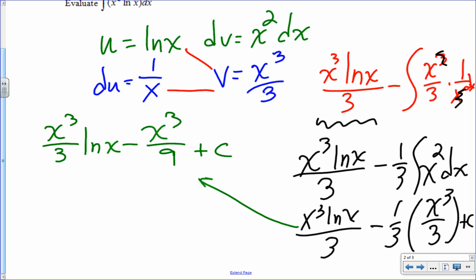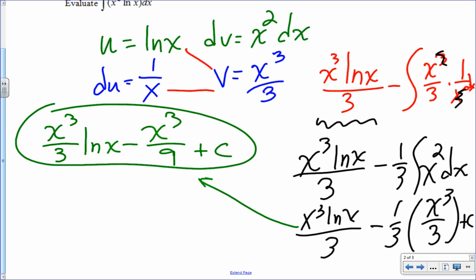Plus a constant. If the plus a constant wasn't there, it might not be a bad idea to factor out the x to the third over 3. But seeing there's probably going to be a constant involved as well, it doesn't really save you a lot unless the constant is 0. Are we good? I think all we got is one more.